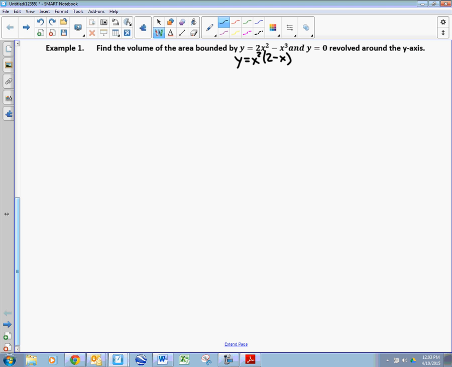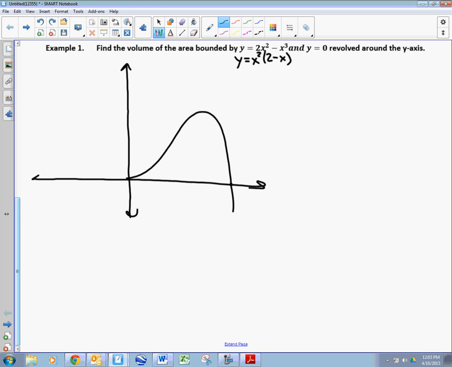It has x-intercepts at 2 and a double root at 0, correct? So as I graph this, it's going to look identical to what I drew up above. It has a double root of 0 and then passes through 2. It continues up that way, but we won't draw it because it's also bounded here. So this is the region that we're focusing on.